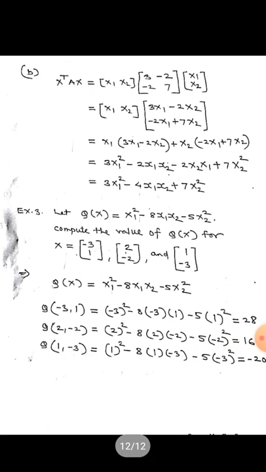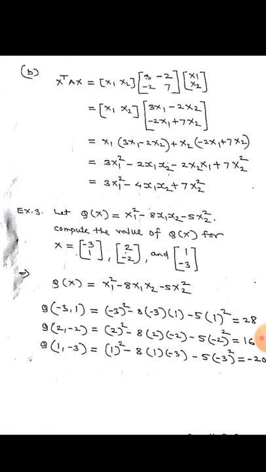Next, x transpose A x, where x transpose is x1 x2. The next matrix is 3 minus 2 minus 2 7, and x is the column x1 x2. By matrix multiplication, we get 3x1 minus 2x2 and minus 2x1 plus 7x2. Now we multiply x1 with 3x1 minus 2x2, plus x2 with minus 2x1 plus 7x2.